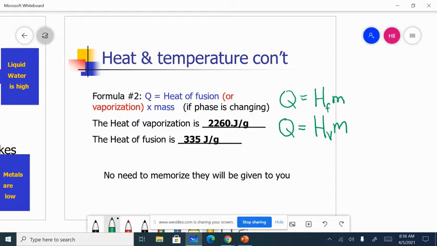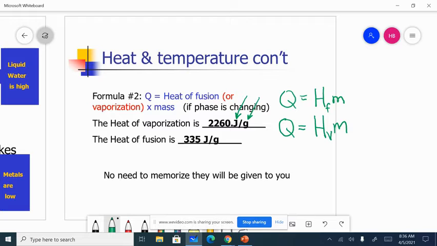So if you notice, it's the amount of energy to change the phase of the substance, in this case water: the amount of energy you need to add to change liquid water to gaseous water per gram, or the amount of energy you need to remove to change gaseous water to liquid water in joules per gram.